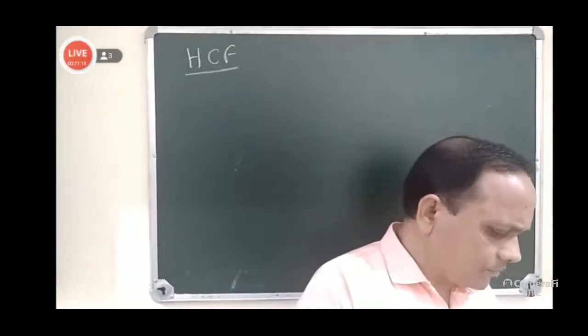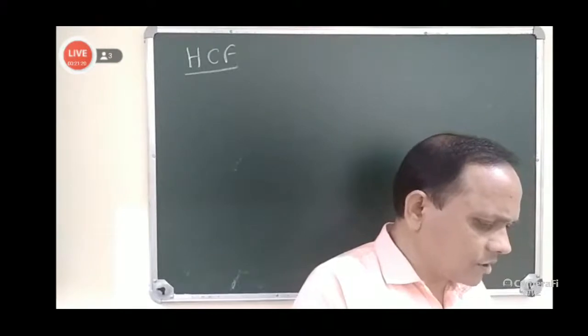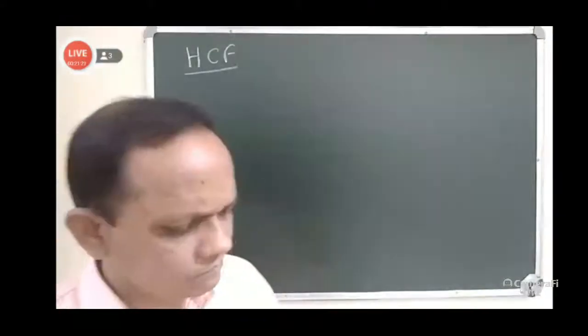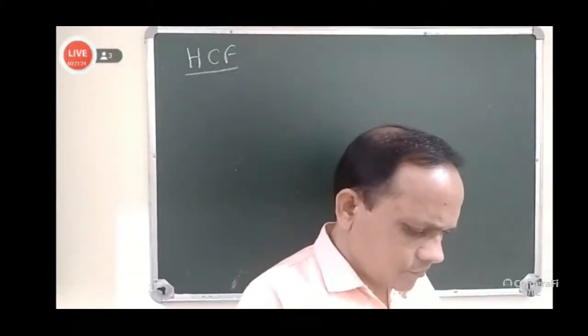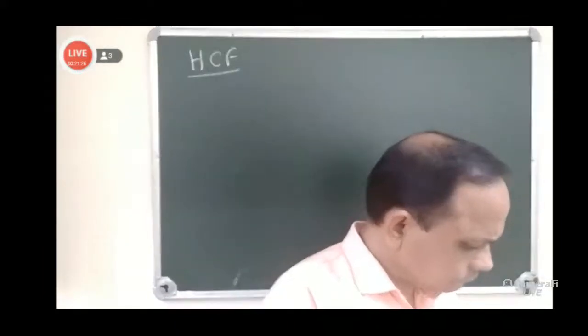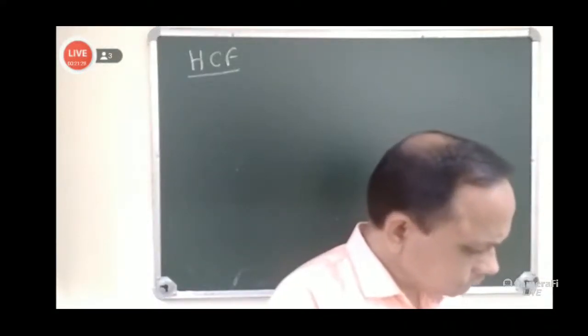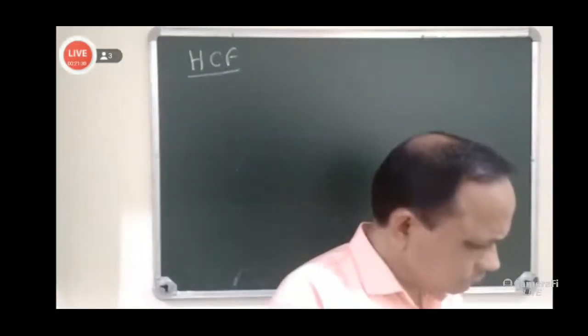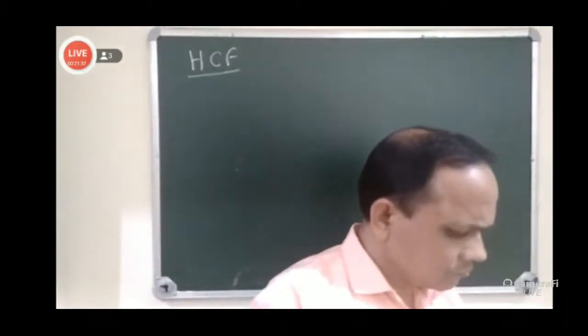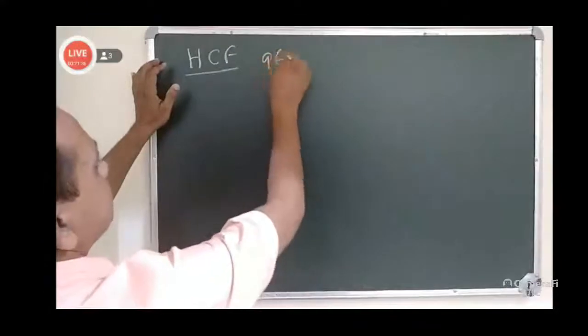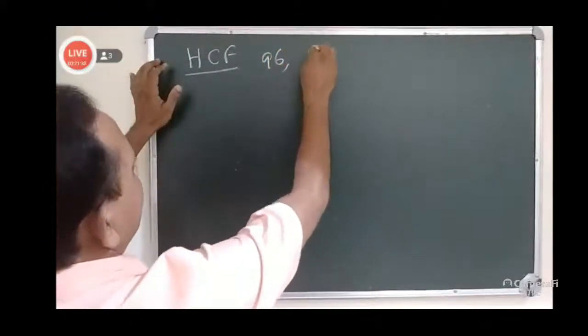Suppose, for example, we take two natural numbers, 96 and 45.